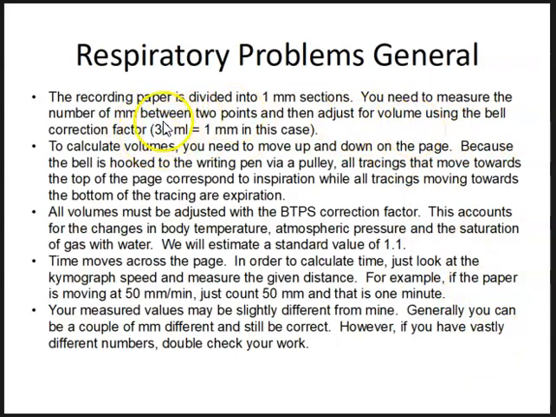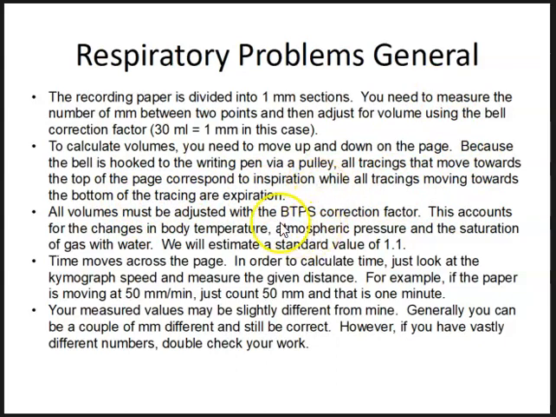This factor is equal to 30 milliliters per 1 millimeter. To calculate volumes, you need to move up and down the page. Because the bell is hooked up to the writing pen via a pulley, all tracings that move towards the top of the page will correspond to inspiration. So when the tracing goes up, that's inspiration, while all tracing moving towards the bottom are expiration.